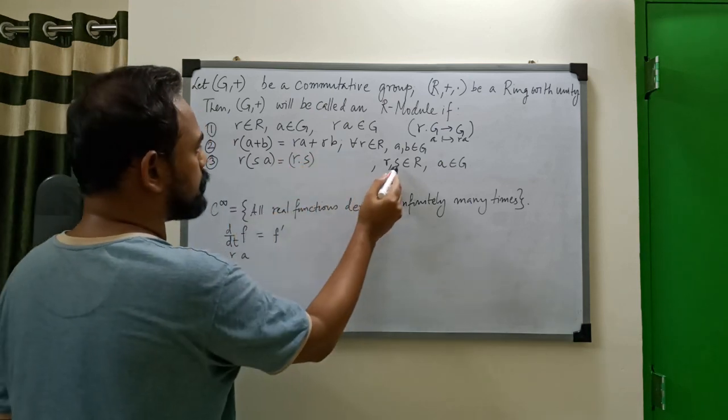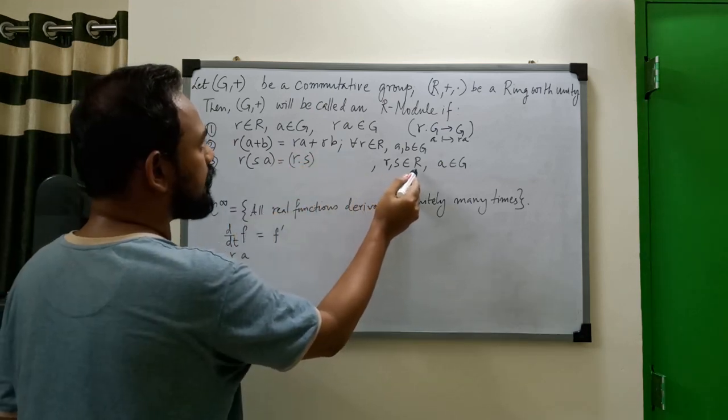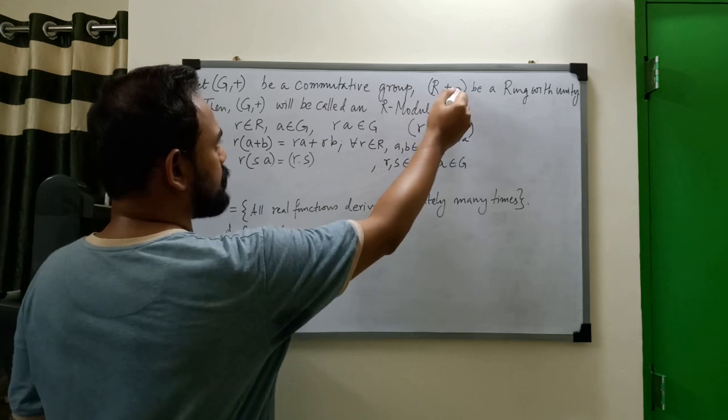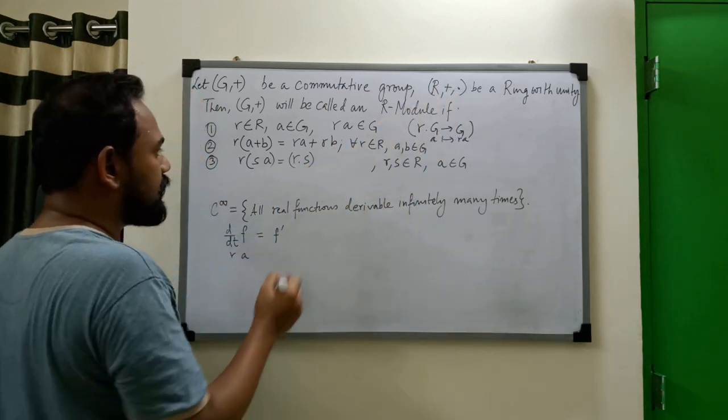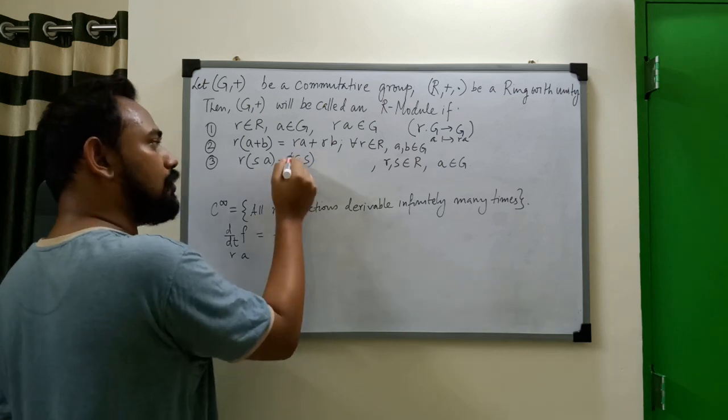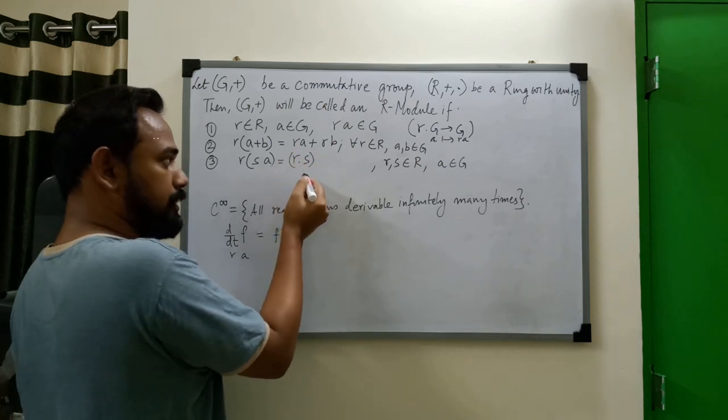R and S are elements of the ring. So if you multiply them by their multiplication that is defined on the ring, now this is an element of the ring because of the closure property of multiplication.